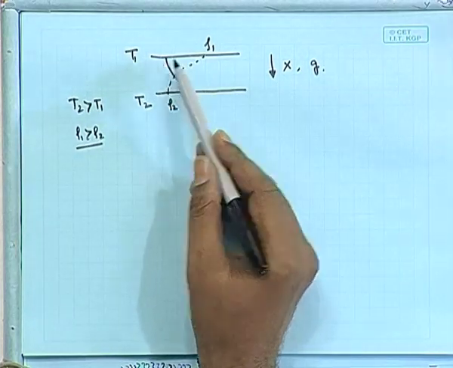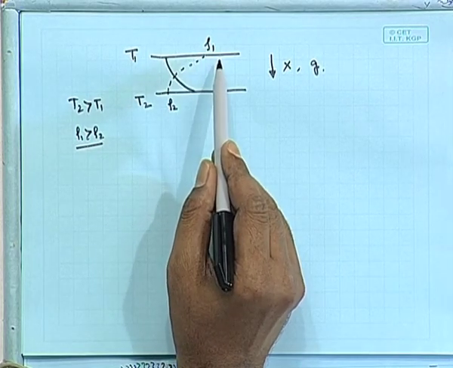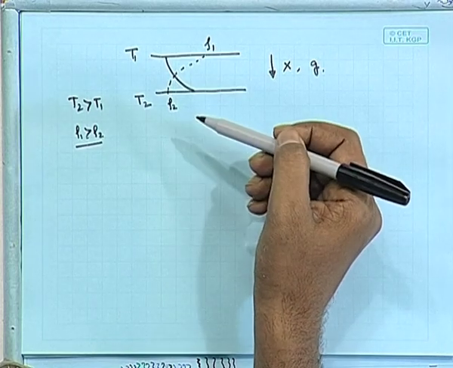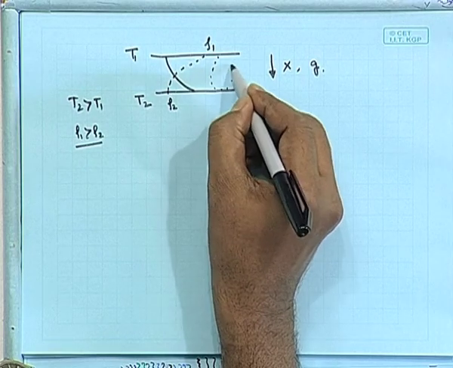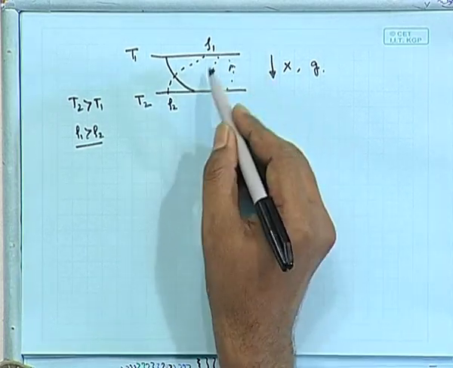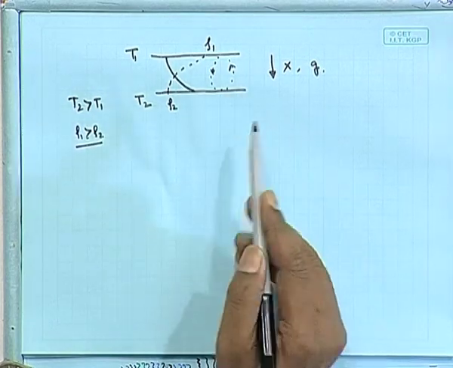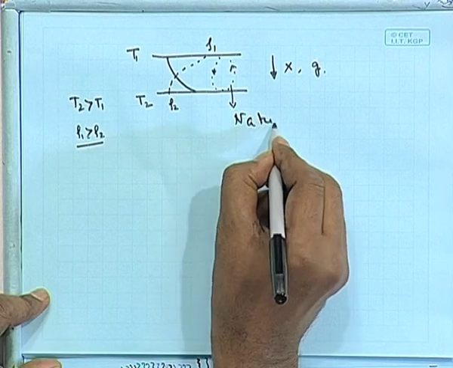And then it will cool down again and become heavier. So, there will be a setup of a current, a flow of material, and this is known as the natural convection current.